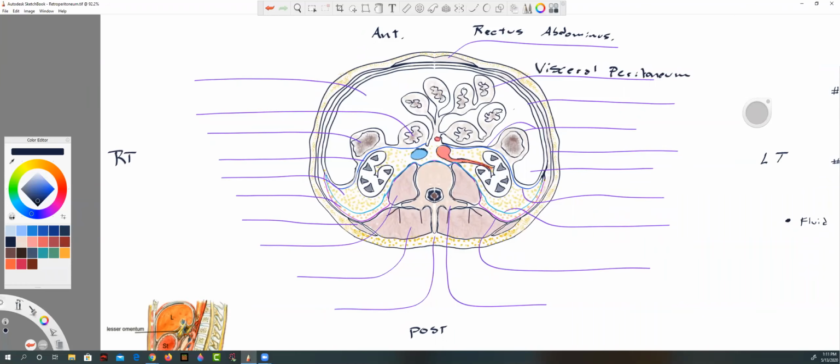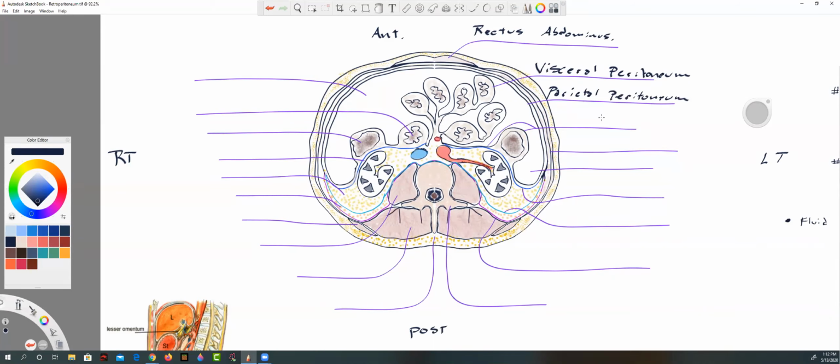And this is also one reason why it's so hard to see everything we're going to talk about today. But in any case, the other side of the cavity, just inside that innermost line, is the parietal peritoneum.